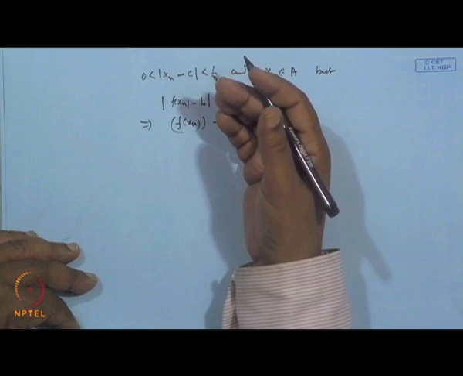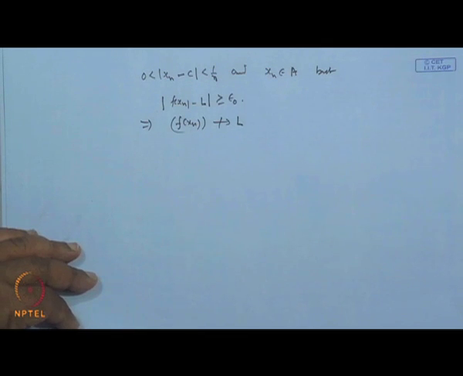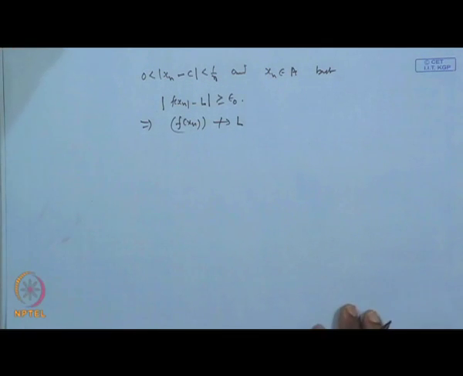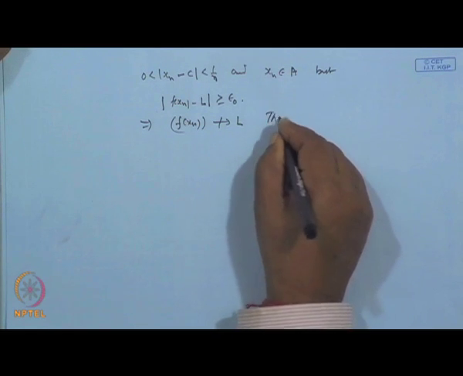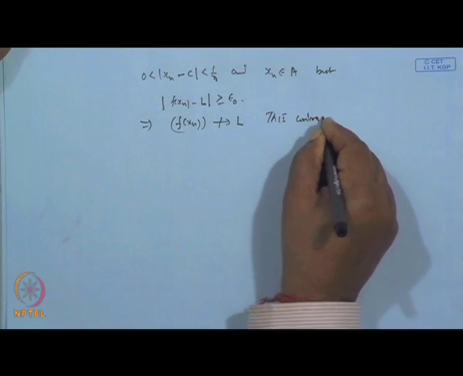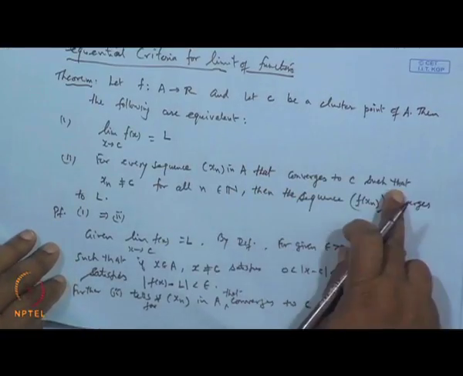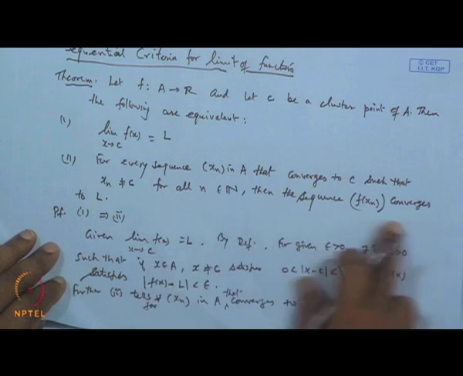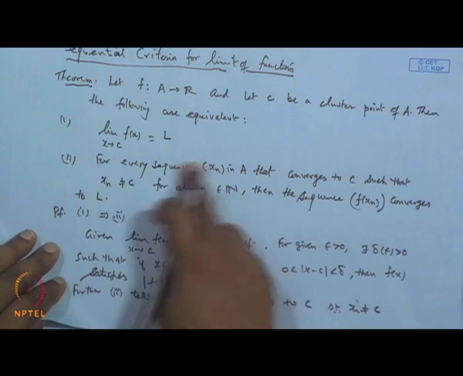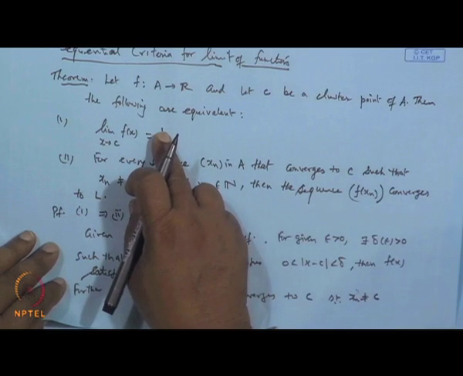But that is a contradiction, because this contradicts the second assumption, because the second assumption says that for every sequence x_n that converges to C, the sequence f(x_n) converges to L. This we are assuming and we wanted to prove 1.